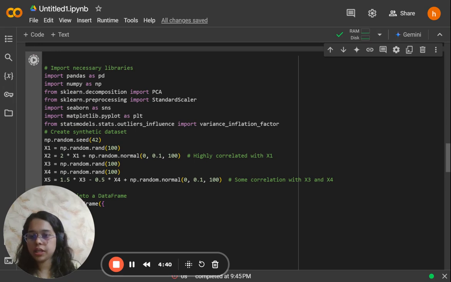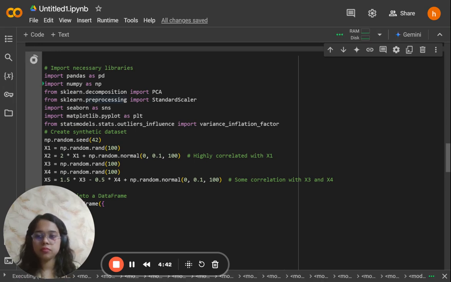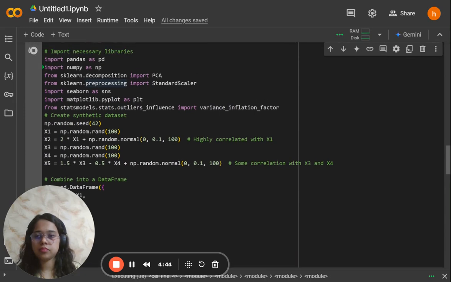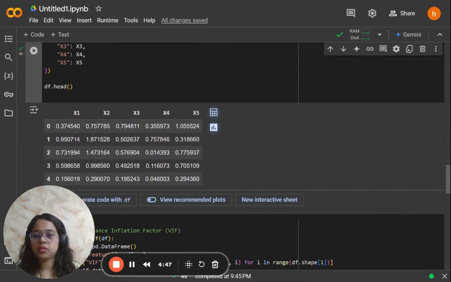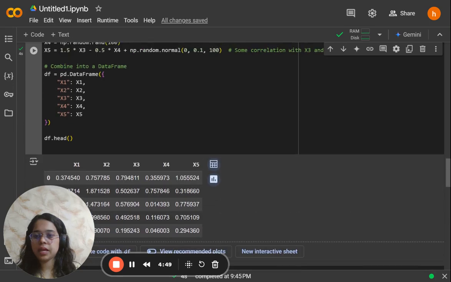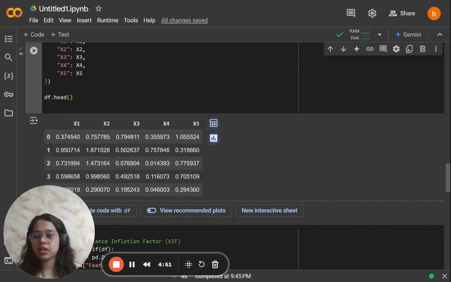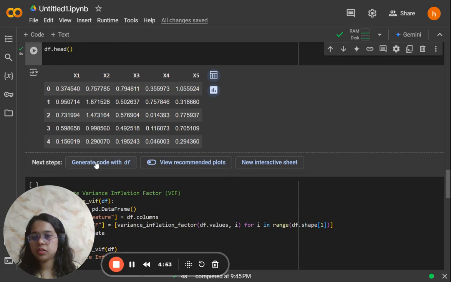Let's try to run it again. Yeah, so here we have our combined data frame.